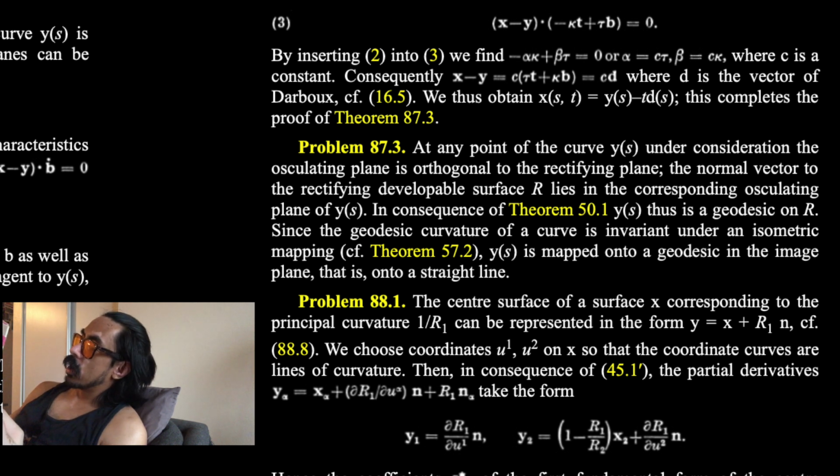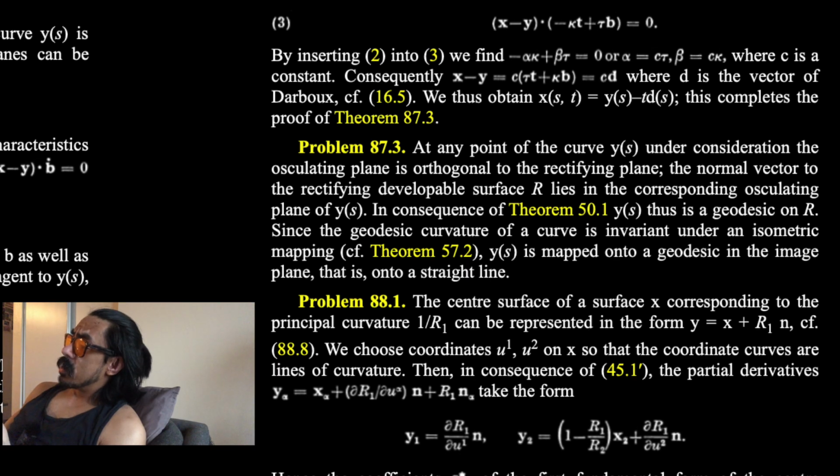At any point of the curve, which has a vector parametric representation y in terms of arc length lowercase s, under consideration, the osculating plane is orthogonal to the rectifying plane. The normal vector to the rectifying developable surface capital R lies in the corresponding osculating plane of the vector y of s.